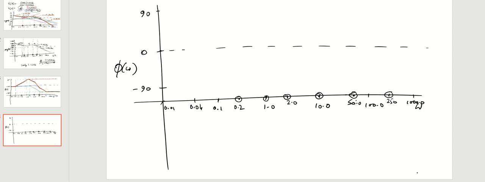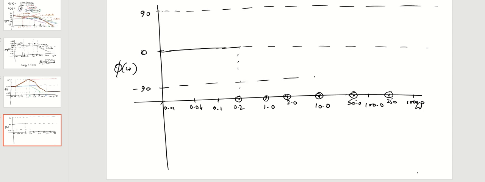So first up, you just proceed like this to draw up till here. Then you have a jump discontinuity here.